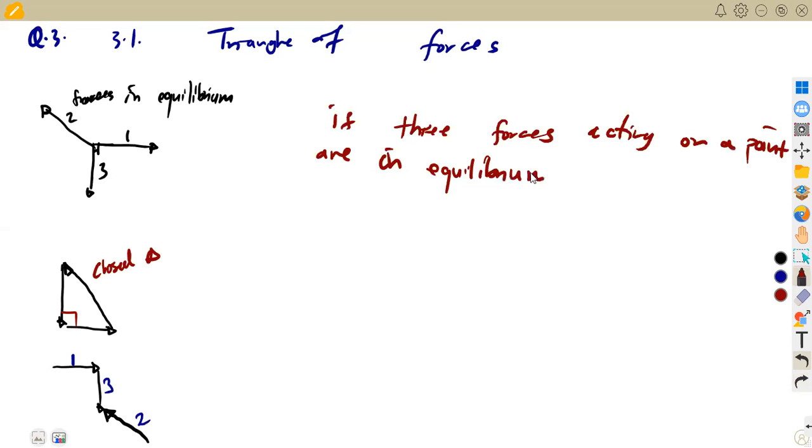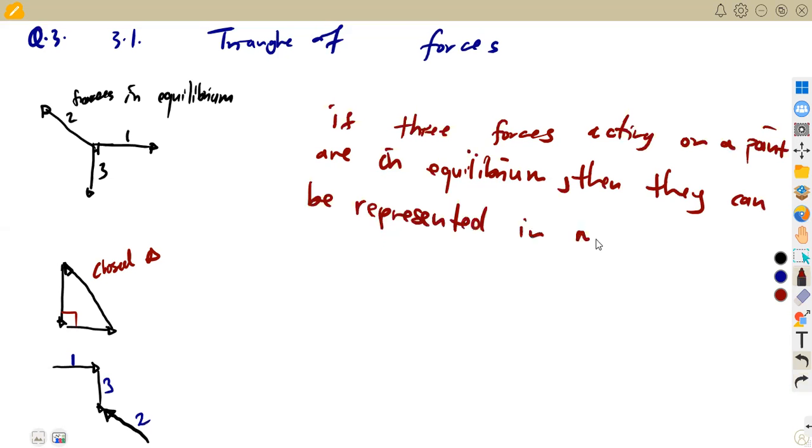So these are considered to be in equilibrium, then they can be represented in magnitude and direction.